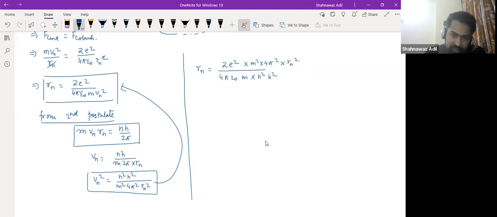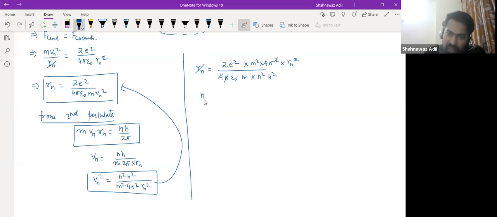One Rn will be cancelled, the pi square will cancel, and this 4 and this 4 will be cancelled.